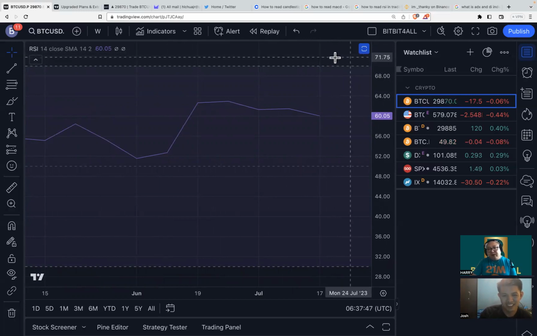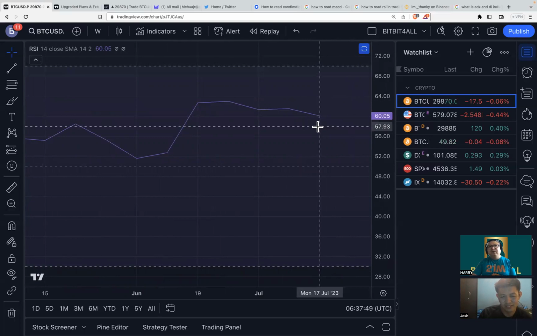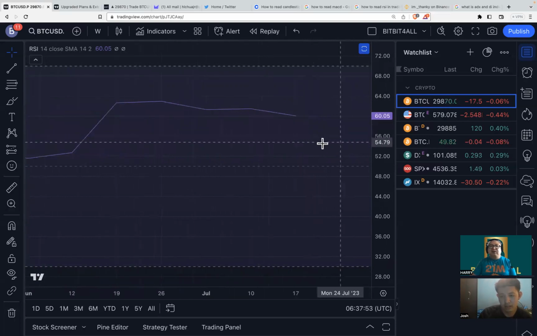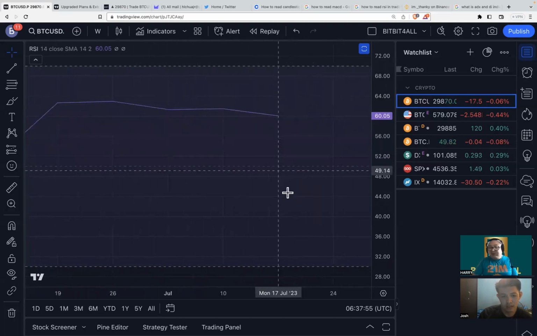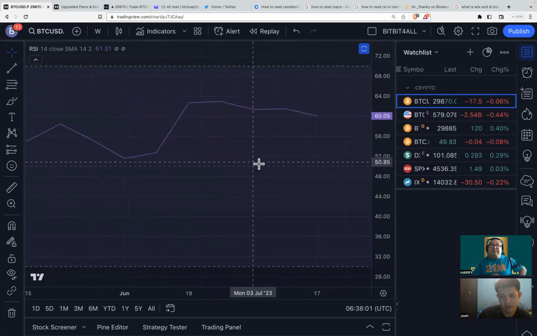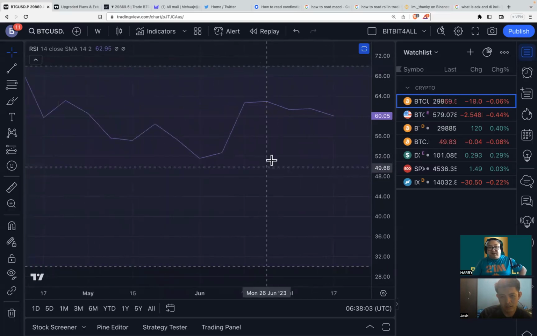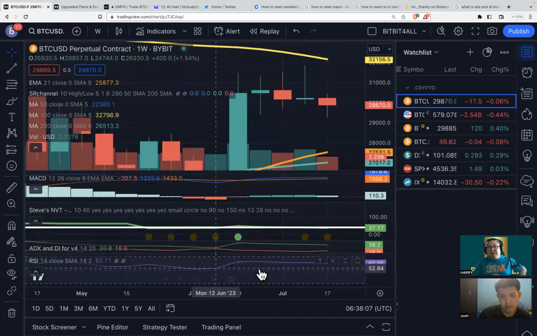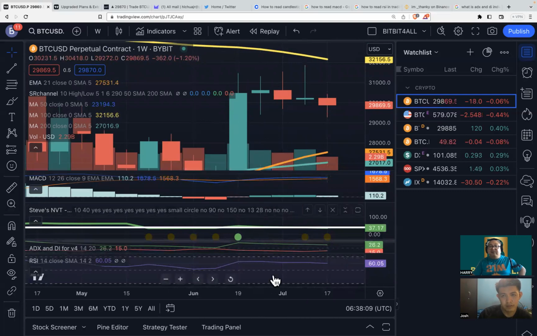Overbought na nga eh. So divergent, meaning hindi sila nagkatugma. There's something wrong. But that's how the market can also do that. This is not a Bible. The market can do crazy things. Bitcoin can do crazy things na it doesn't follow these indicators. Kaya nagiging divergent siya.